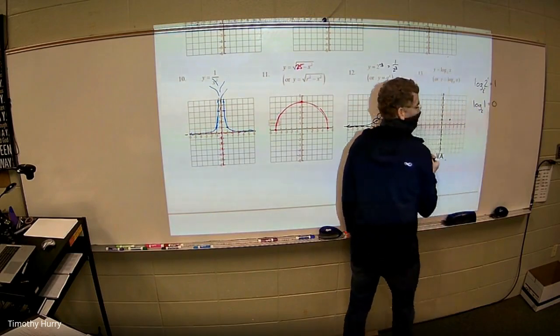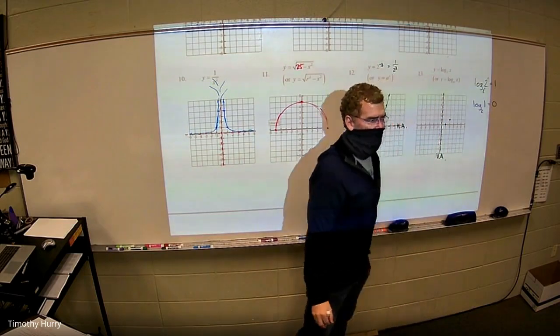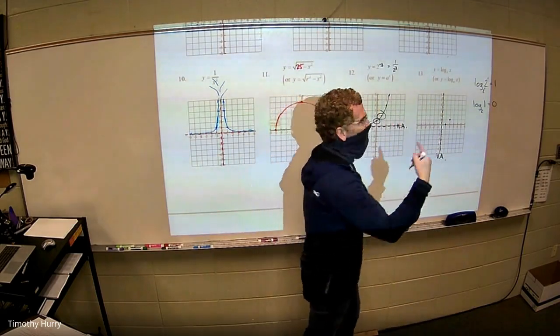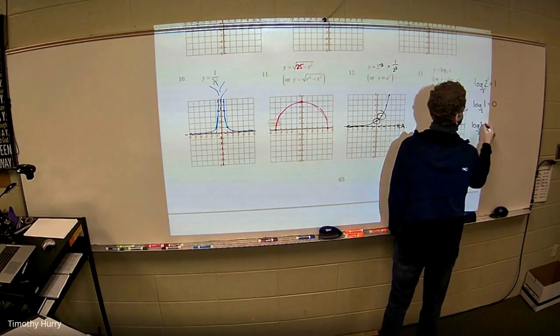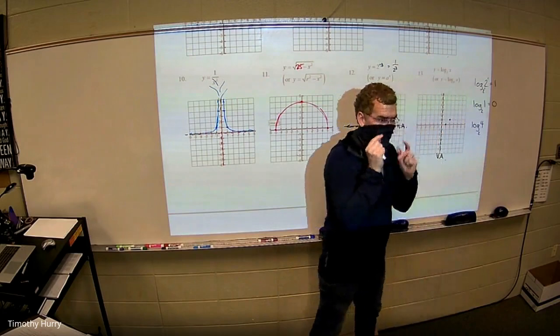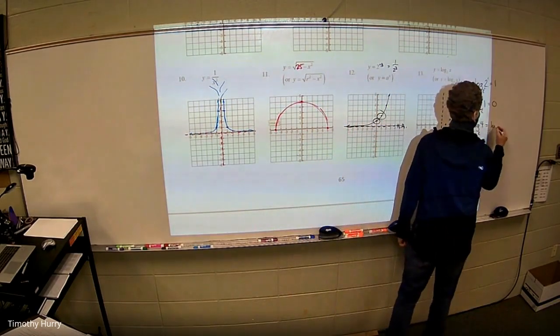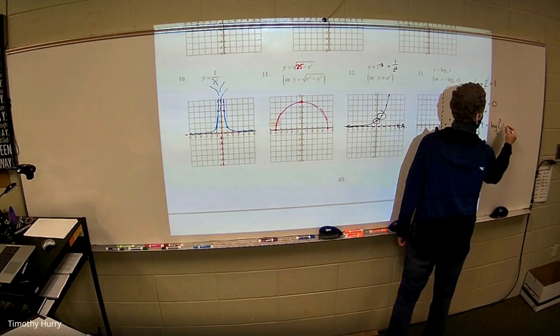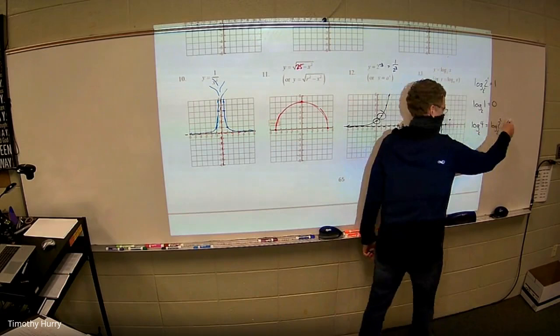You get a 0. There's another point. Plug in a 1, I get a 0. Now, for this particular one, I can plug in one more point because it fits. What would happen if I plugged in a 4, which is a 2 squared? Y'all remember that? Because the rule says, if I rewrite that 4 as 2 squared, 2 over 1. So if I plug a 4 in, I get 2.